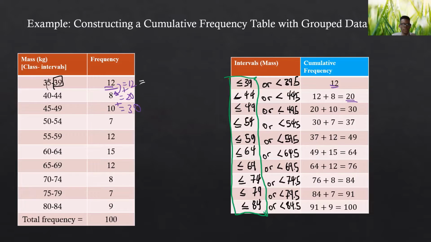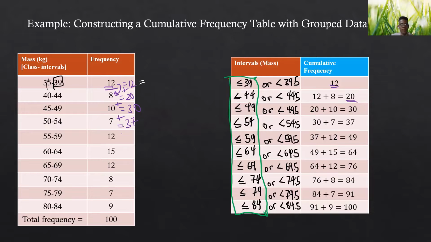So for the third observation, less than or equal to 49, the cumulative frequency is 30. We go down to the fourth class interval, less than or equal to 54. We're adding 30 plus 7, 37.